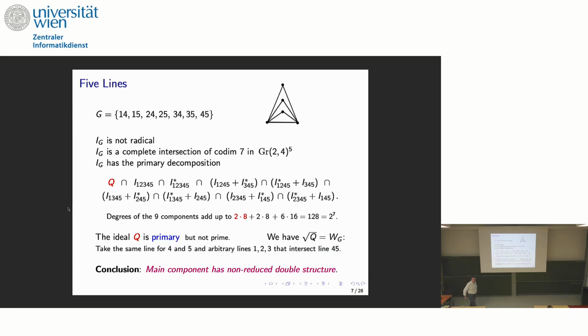So this is the complete bipartite graph K_{2,3} with 1 more edge thrown in. Now, this ideal is not a radical ideal. However, it is a complete intersection of codimension 7, right? There are 7 equations, and this has codimension 7 in this 20-dimensional ambient space. So there's a 13-dimensional variety cut out by the right number of equations.